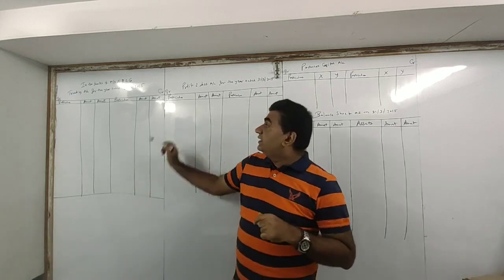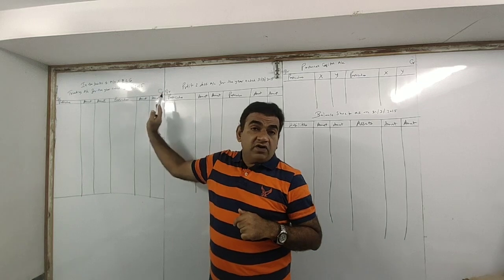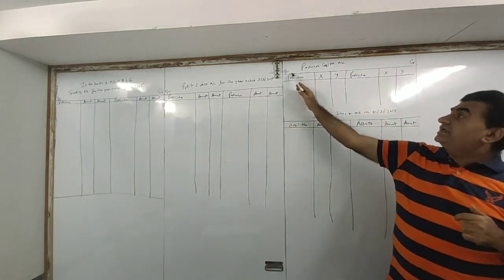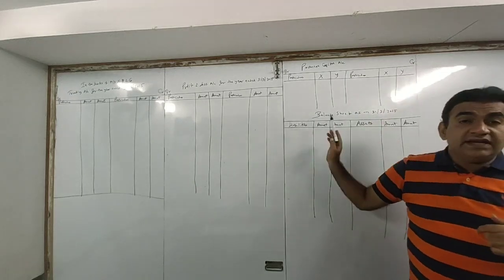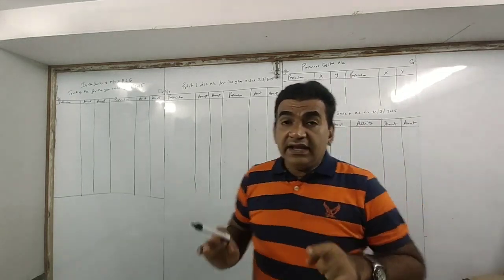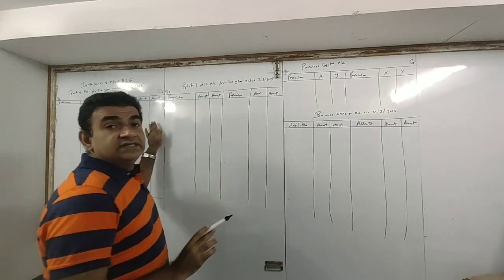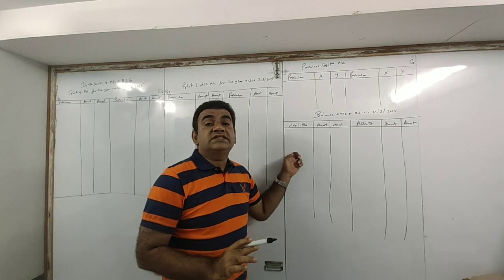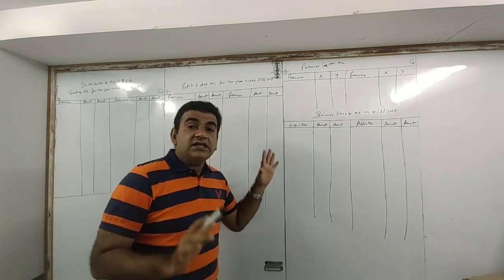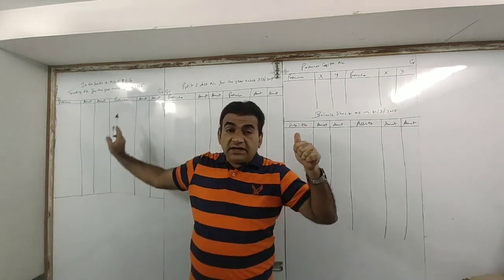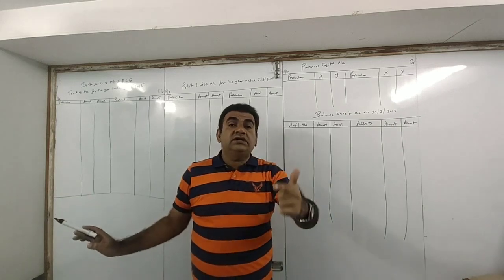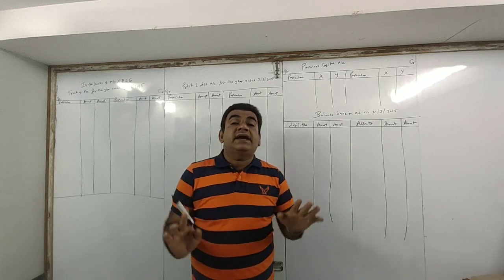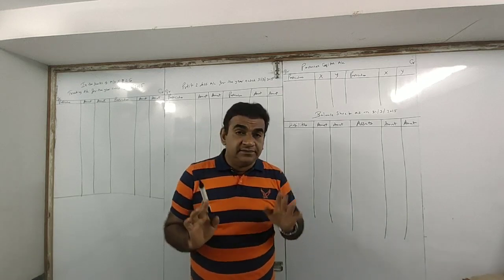If you see, trading में लिखा है top right and left corner में debit credit, P&L में debit credit, partners capital में there is debit credit, but balance sheet में debit credit is not there. Why? Because this is an account, this is an account, this is an account, but this is not an account, this is a statement. So these are the four things: trading account, profit and loss account, partners capital, balance sheet, which will be prepared in each and every sum.